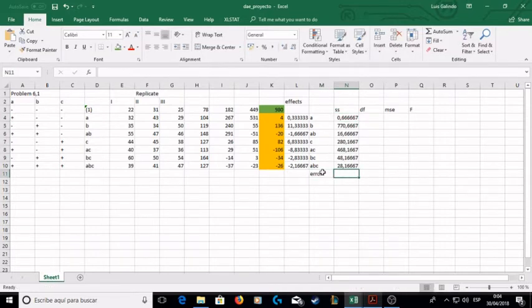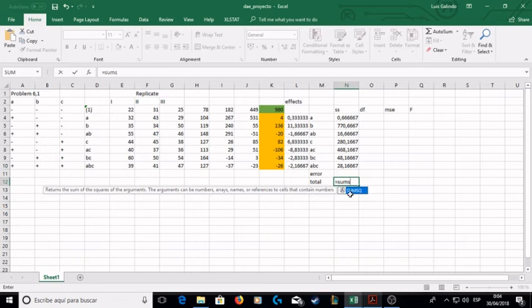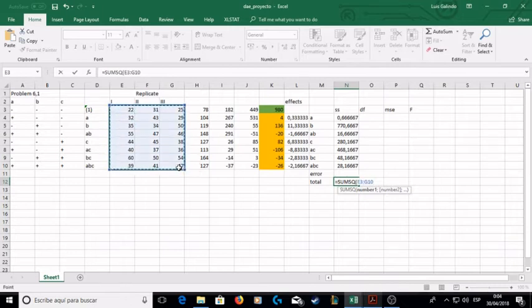This one, error, and total. The way to calculate total is the way we have been doing it the entire semester: the sum of squares of the data minus the total sum squared over big N, which in this case is 24 because we have 24 data.